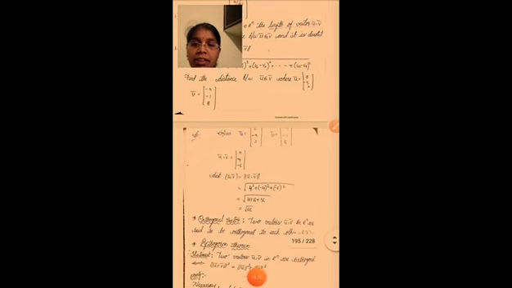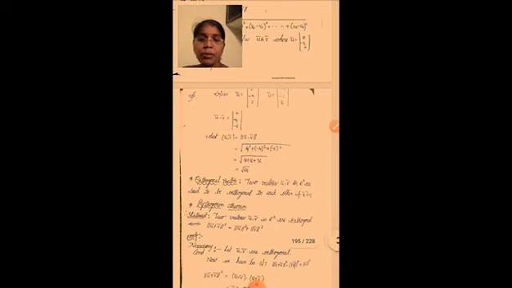So distance of u bar comma v bar is equal to under root of u1 minus v1 whole square plus u2 minus v2 whole square plus so on up to un minus vn whole square. So this is the distance definition.